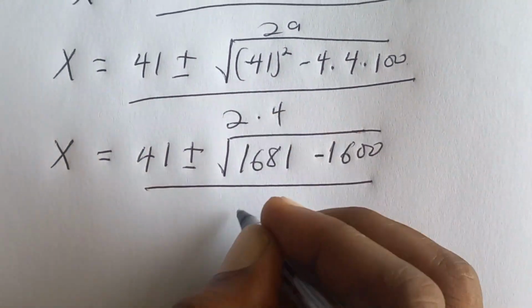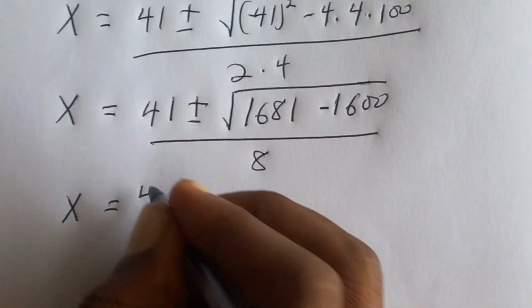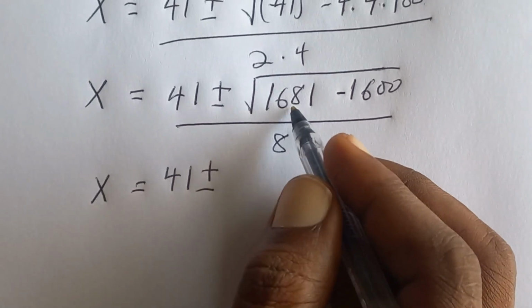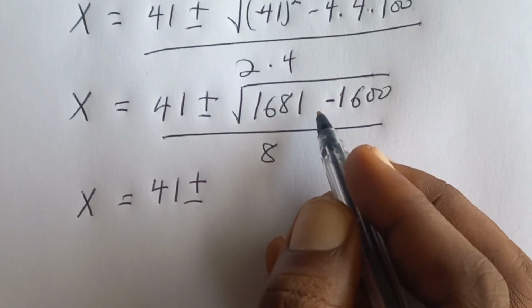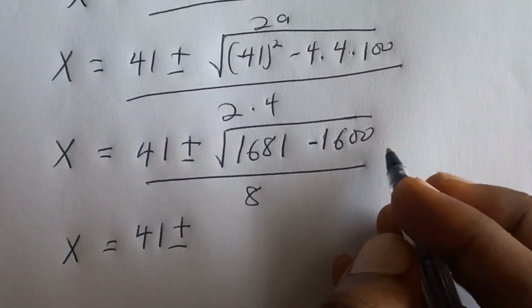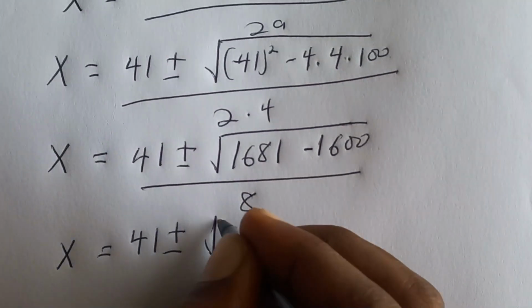All over 8. Okay, so our x is equal to 41 plus or minus, now 1681 minus 1600, we are getting 81 here. That's our answer.